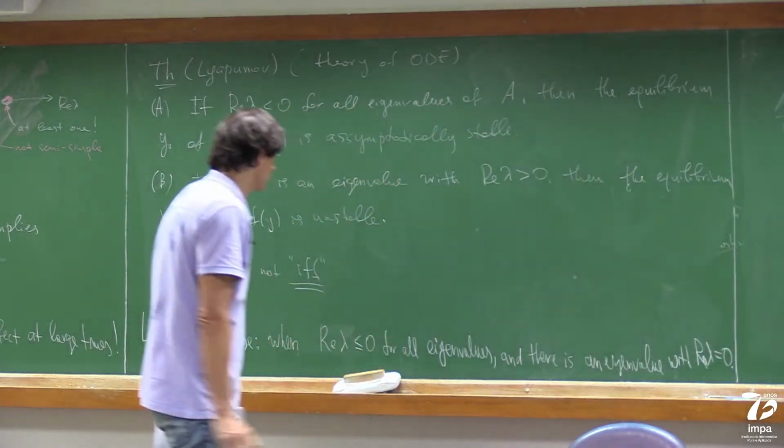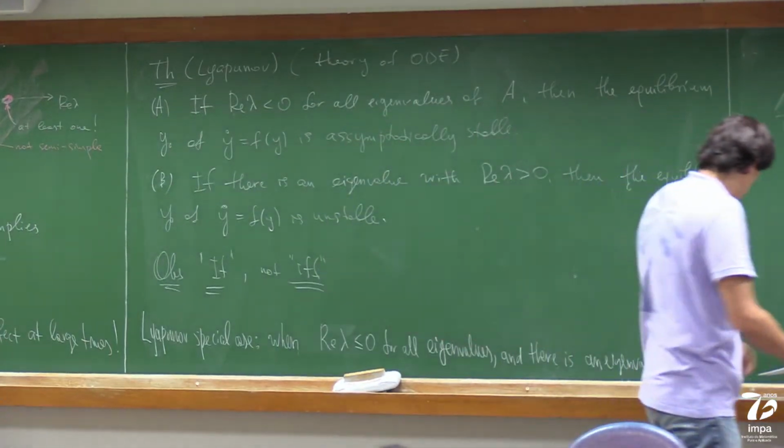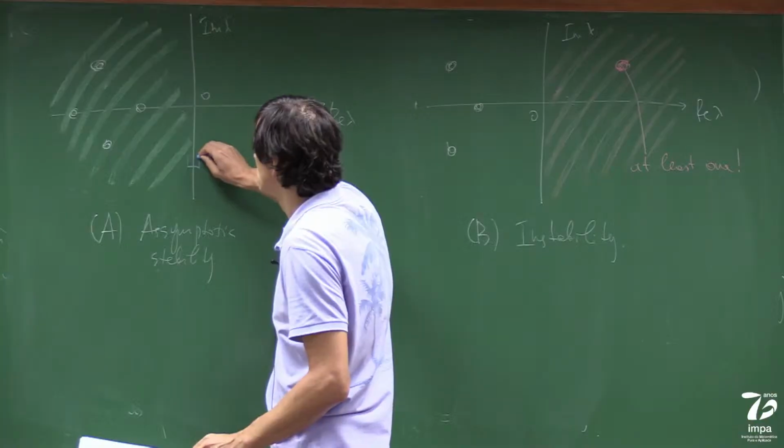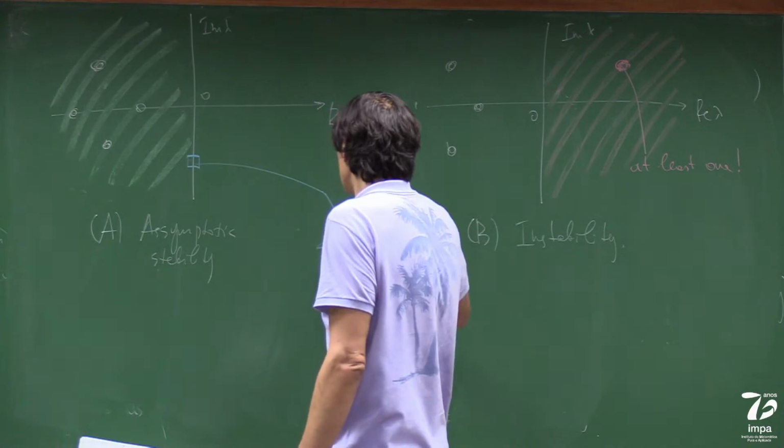So this is a special case. The situation when all eigenvalues are on the left, but some eigenvalues are on the imaginary axis, gives you a special case.